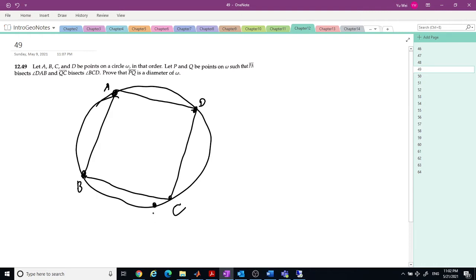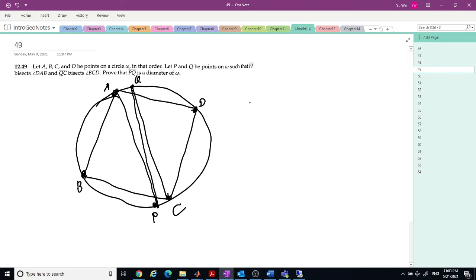Let's see, this is P. PA bisects the angle DAB, and CQ bisects the angle BCD. So this one bisects angle A, this one bisects angle C, right? It asks you to prove that PQ is a diameter.